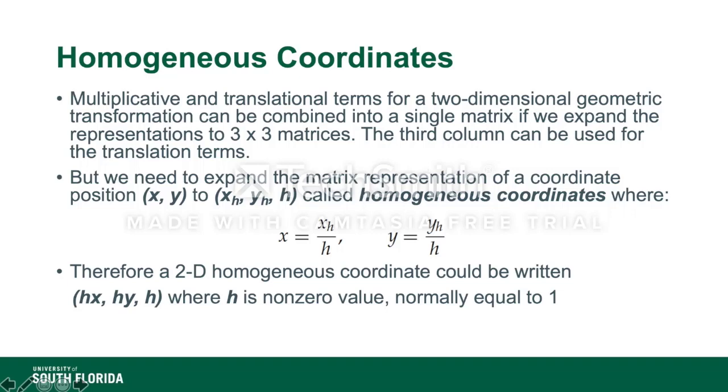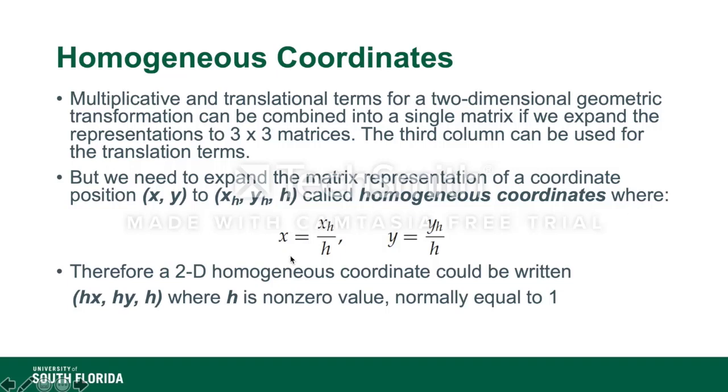Multiplicative and translational terms for a two-dimensional geometric transformation can be combined into a single matrix if we expand the representation to a 3 by 3 matrix. The third column can then be used for the translation terms. But we need to expand the matrix representation of a coordinate position x, y to xh, yh, and h. This is called a homogeneous coordinate.